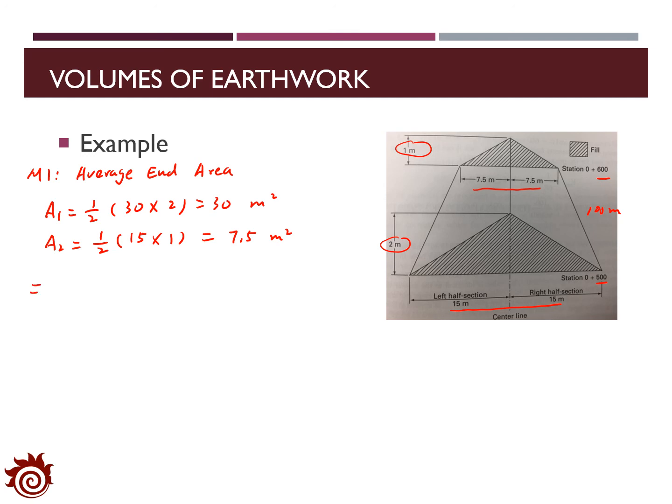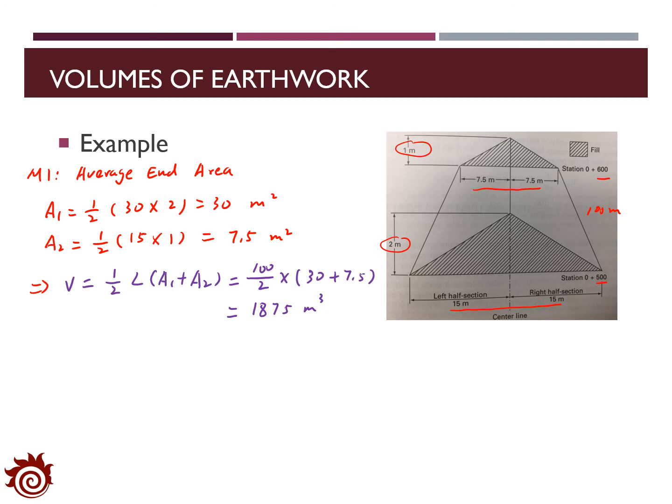With that, we can find out the volume as V equal to 1/2 of L times A1 plus A2, that is 100 divided by 2 times 30 plus 7.5, that is 1875 cubic meters. So that's from the average end area method.